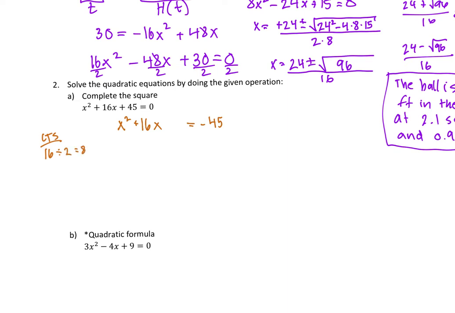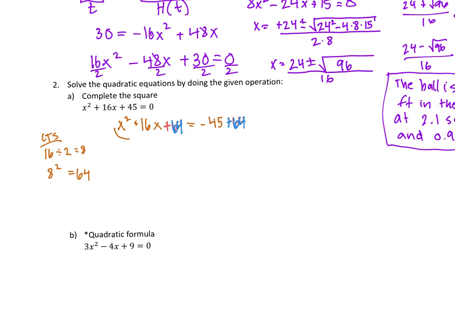That's 8. And then we take the 8 and square it, and we get 64. So 64 is the value. There we go. 64 is the value that gets added to both sides of the equation.